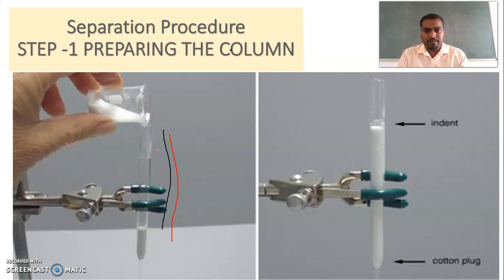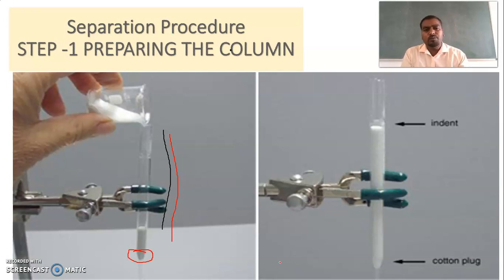First we clean this chromatographic column, of length nearly 40 to 50 centimeter, and fix the carton below it. Here we prepare a column by two methods, the wet method and the dry method.